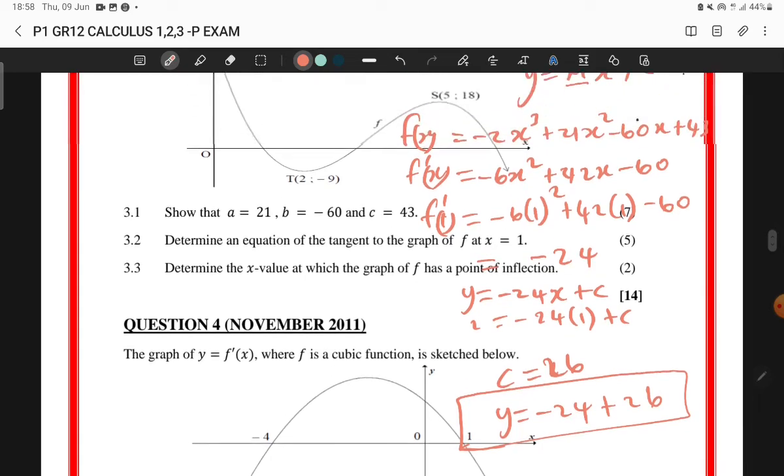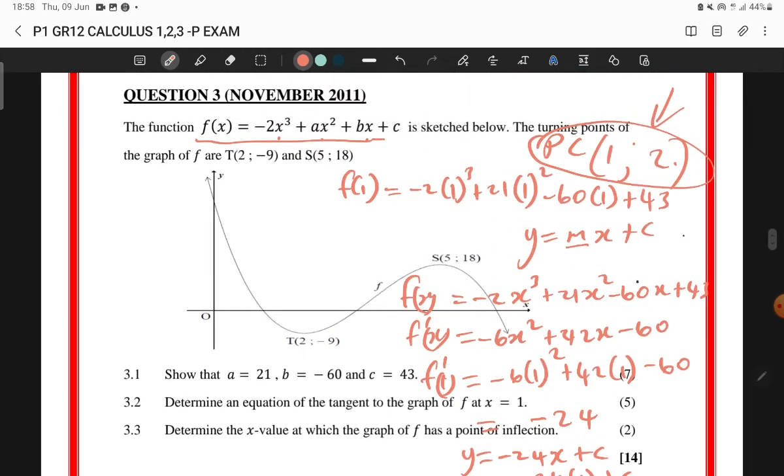For 5 marks, it makes sense. You first find the point of contact by taking this x value and substituting into your equation to find the point where these two functions are intersecting.